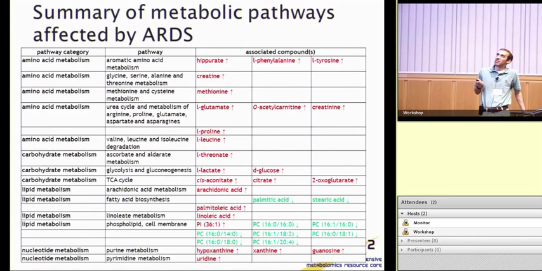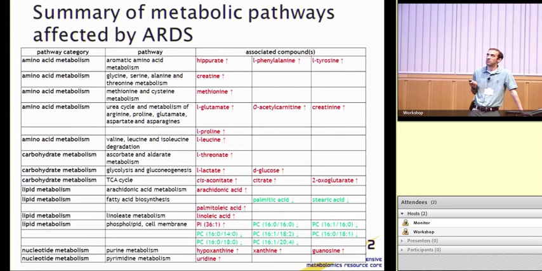But the metabolites that are associated with amino acid metabolism can be broken down into various subcategories, and we see that in acute respiratory distress syndrome, many of these metabolites are up. We see that in terms of lipid metabolism, a good number of lipid species are down, specifically phosphatidylcholines, which turn out to be a sort of surfactant that's abundant, present in lungs.